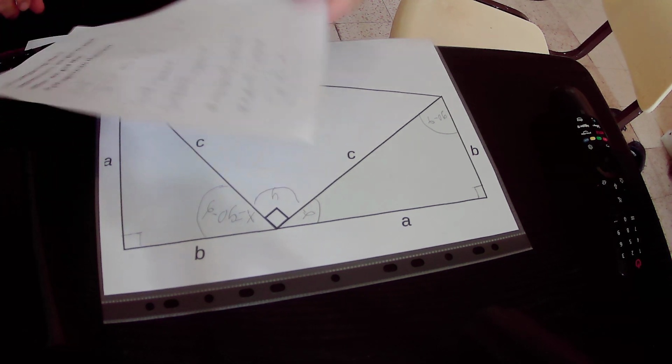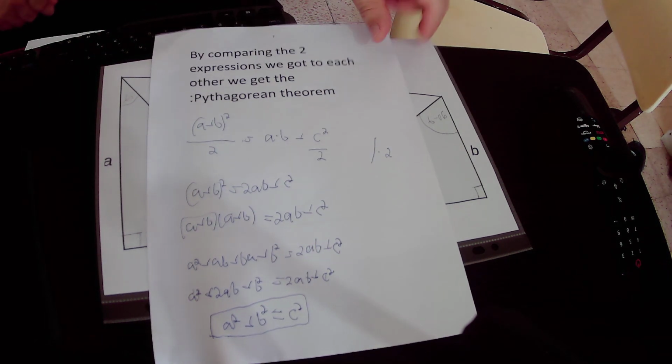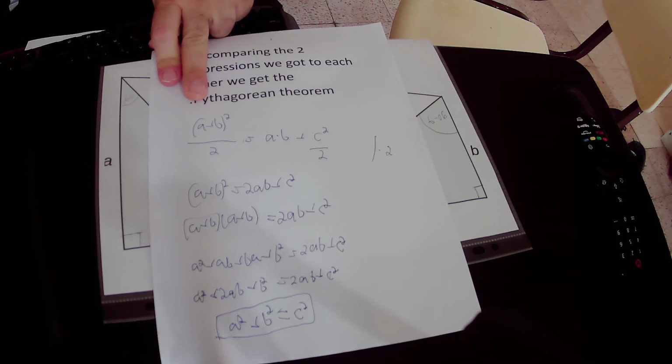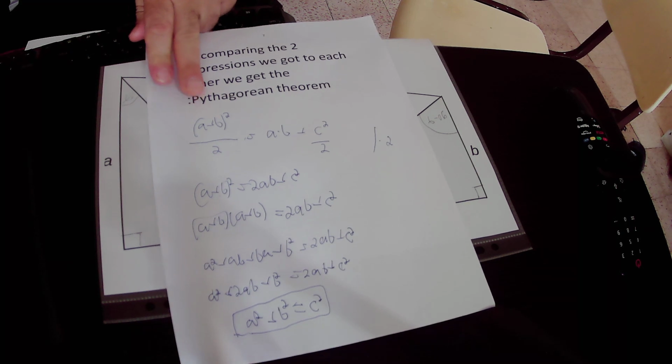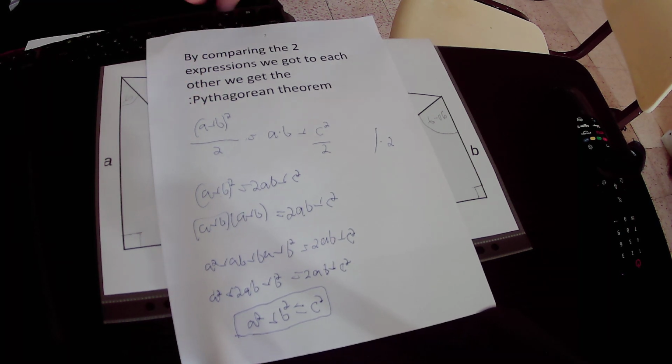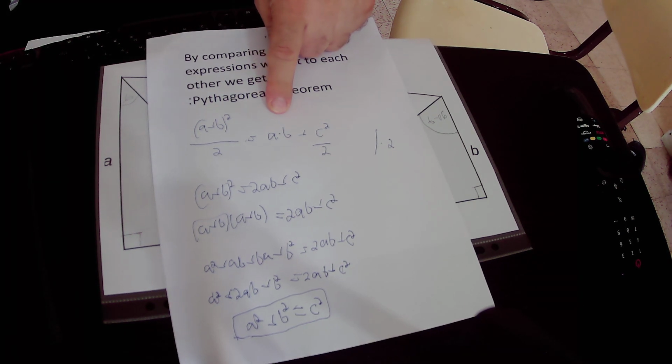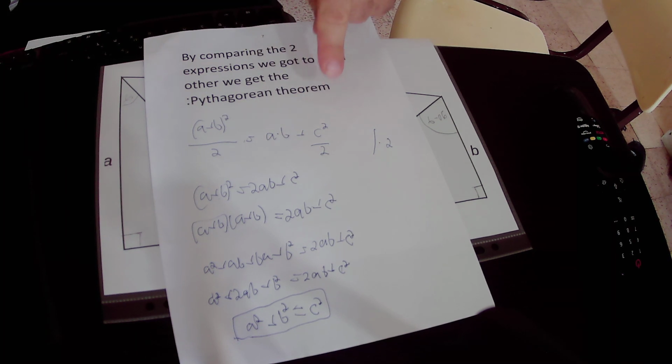Okay, so this is the first way to calculate the area of the trapeze: A plus B squared divided by 2. It equals the sum of the three triangles, that is AB divided by 2 plus AB divided by 2, plus the area of the middle triangle, that is C squared divided by 2.